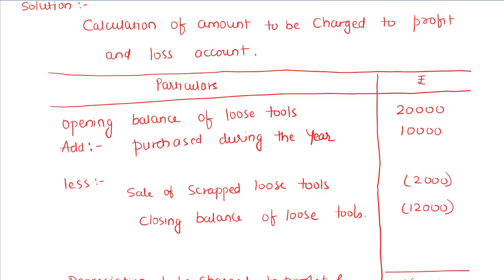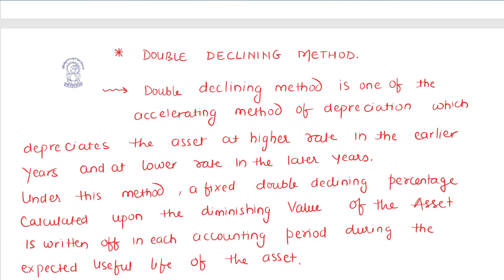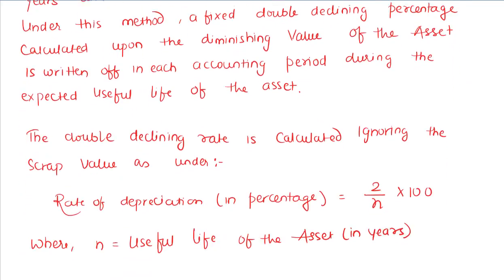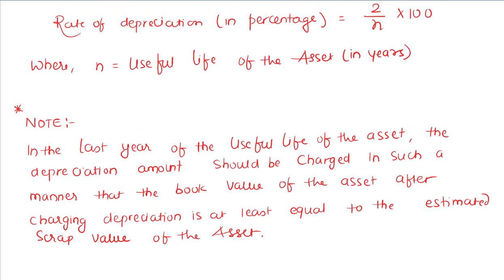We have seen an illustration, calculation of amount to be charged to profit and loss account. And at last we have learnt about the double declining method, and we have written an important note in relation to it.